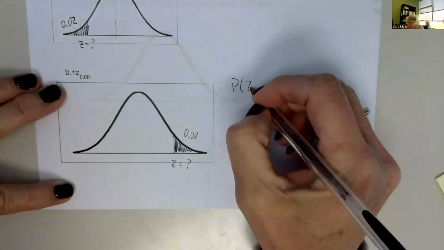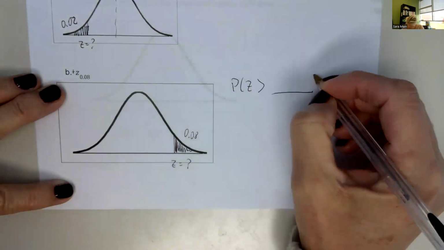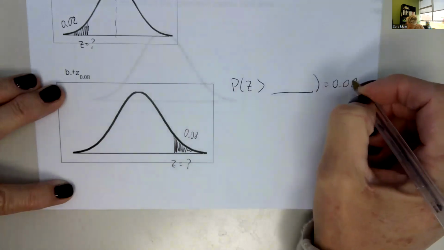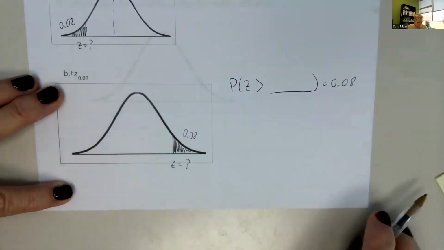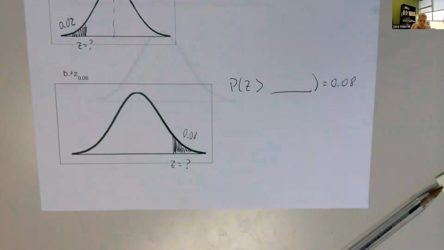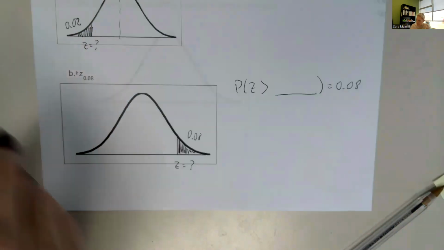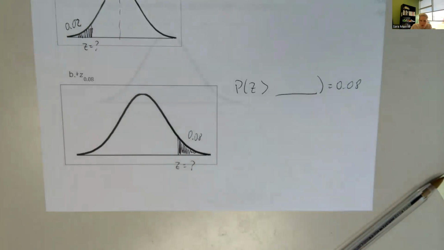So the probability that z is greater than something is equal to 0.08. So let's go to Desmos to look for what z-score would signify when there's area of 8% or 0.08 greater than that z value.